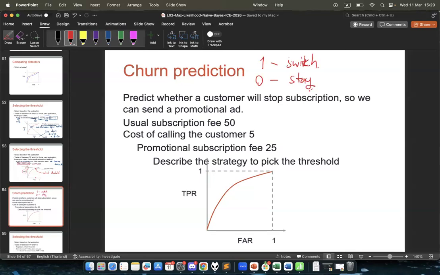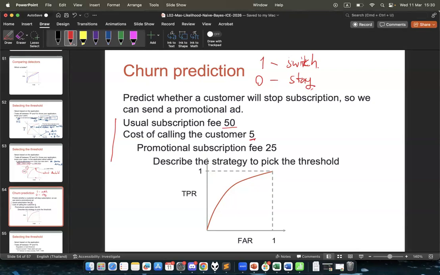Let's look at some monetary settings. Let's assume the subscription fee for this telephone plan is 50 baht. If I call the customer to offer this promotion, it will cost me 5 baht just for the operator.